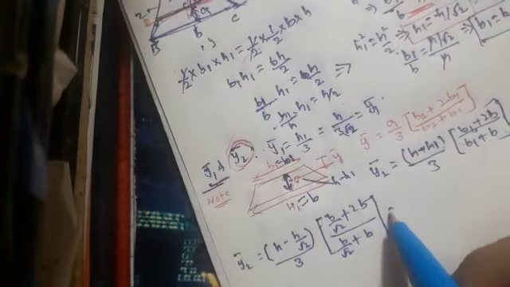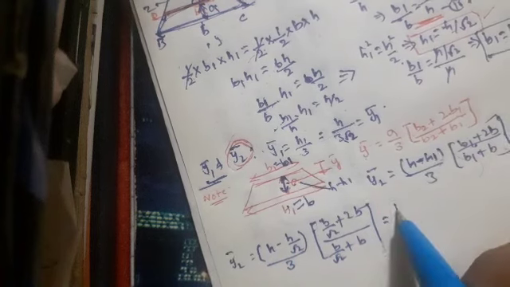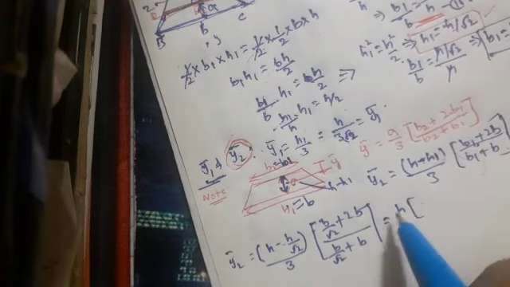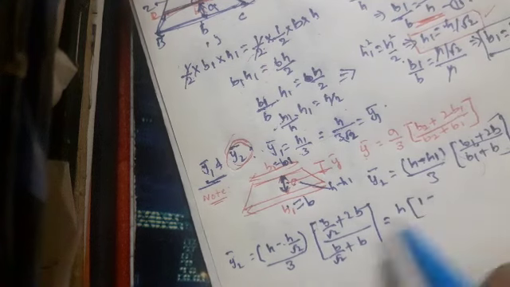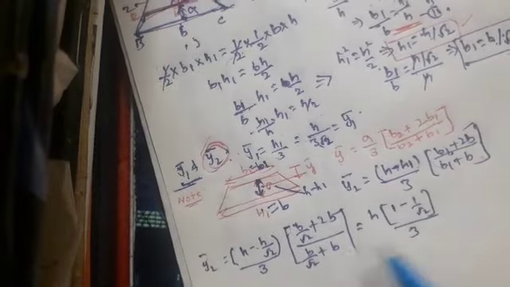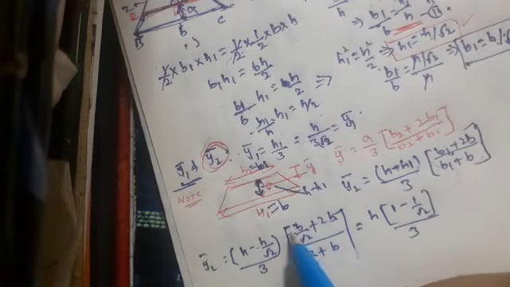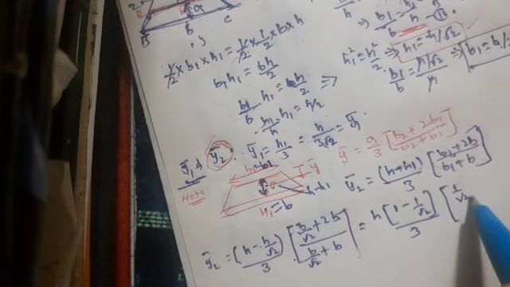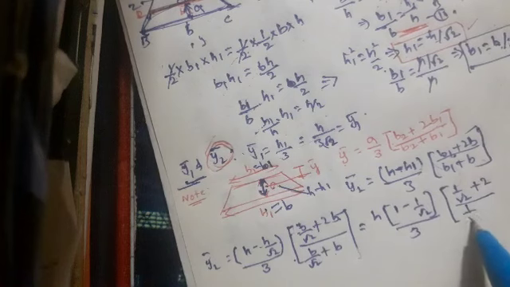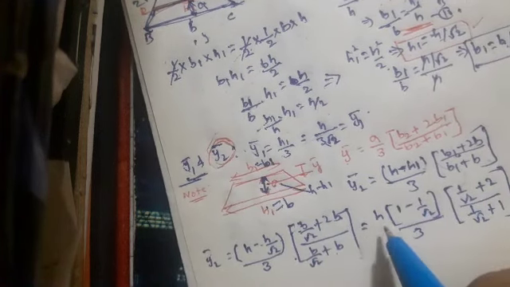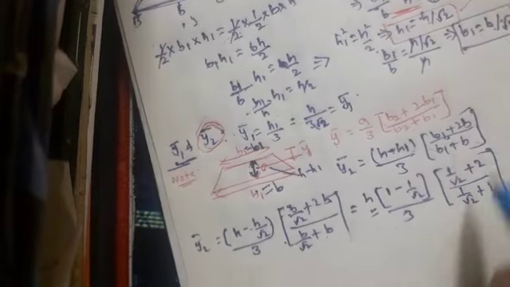I can take h out, so it will be 1 minus 1 by root 2 by 3 into, I can take b out here and it gets cancelled. So remaining I will have 1 by root 2 plus 2 divided by 1 by root 2 plus 1. So I'll substitute all these things in terms of h.